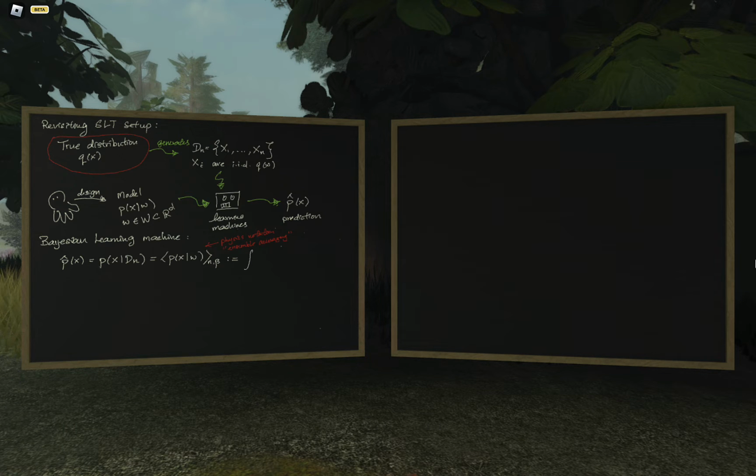In explicit form, that's averaging this function with the Bayesian posterior, where the posterior P of W given Dn is equal to 1 over the partition function of the evidence, e to the negative n Ln of W, where Ln of W is the empirical log loss. So Zn is the evidence.